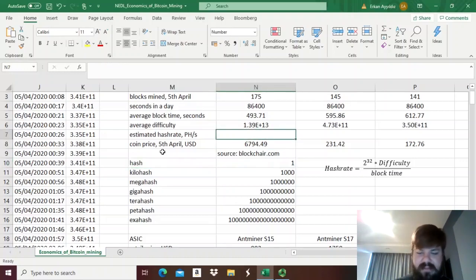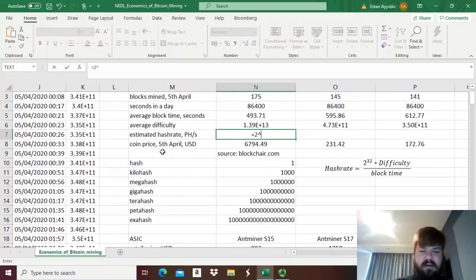So without further ado, what we can figure out now is 2 to the power of 32, as in the formula here, times the average difficulty on the 5th of April divided by the average block time in seconds. And to convert it into petahashes, we need to divide it by 10 to the power of 15.